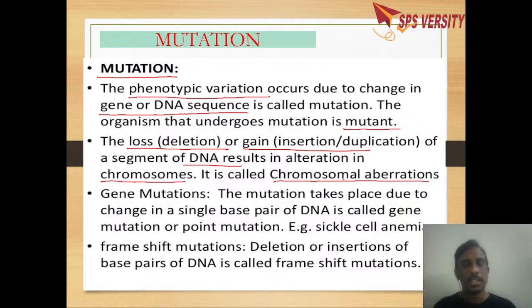If a change occurs in a gene, that is due to a change in a single base pair of DNA, it is called gene mutation or point mutation. The best example for this is sickle cell anemia.